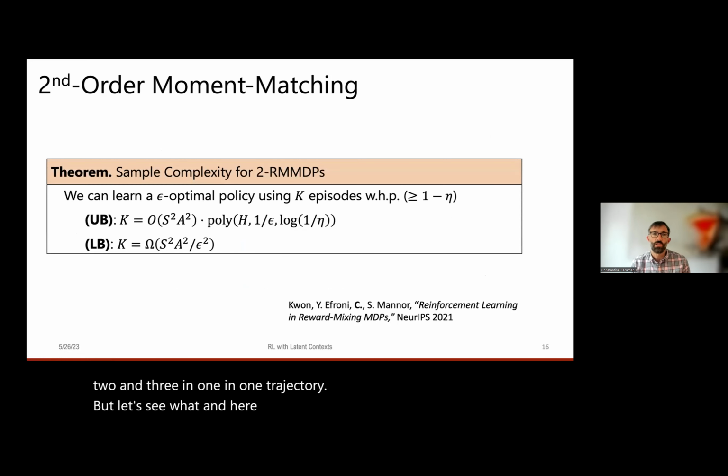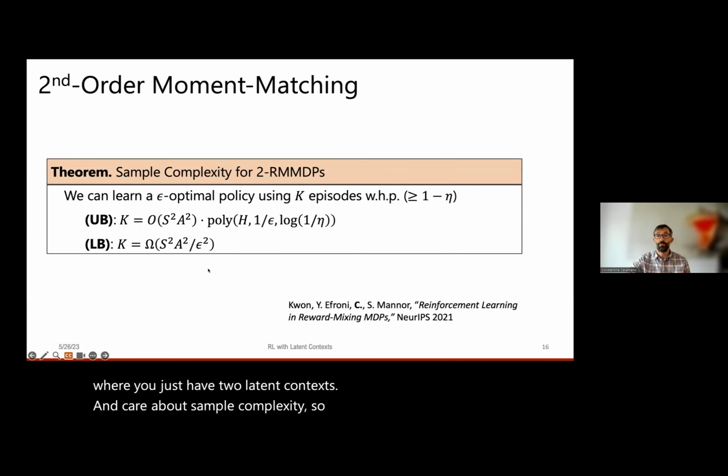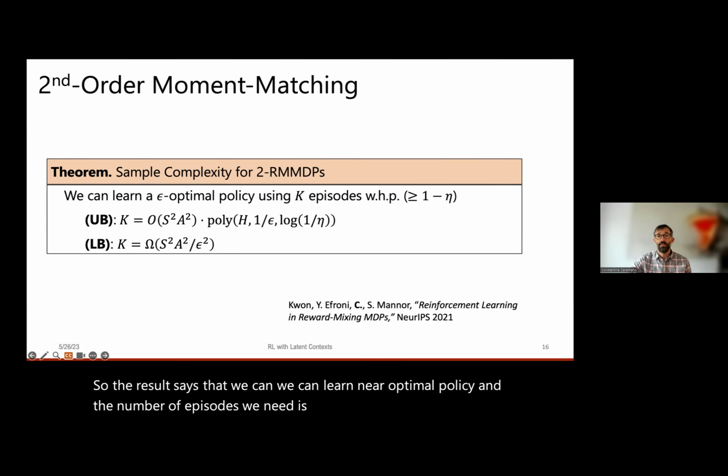But let's see. Here are the basic results for the setting where you just have 2 latent contexts. I care about sample complexity. So K is the number of samples. The result says that we can learn a near optimal policy, and the number of episodes we need is quadratic in the number of states and quadratic in the number of actions.